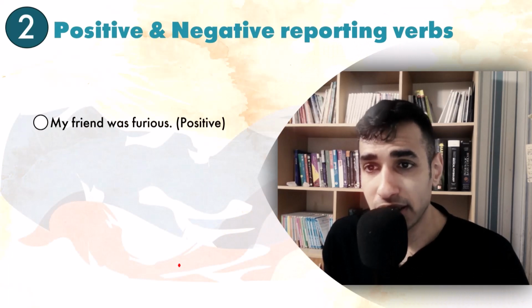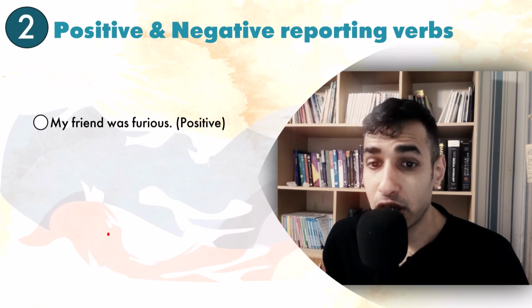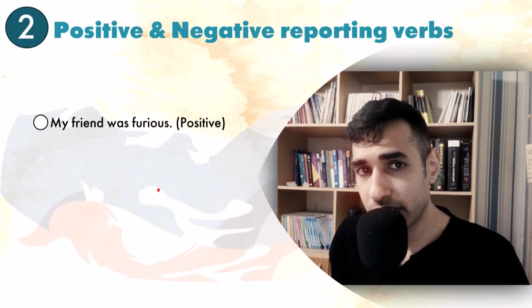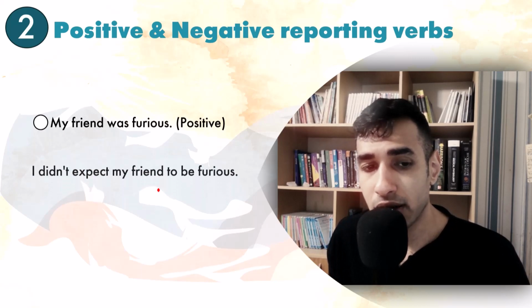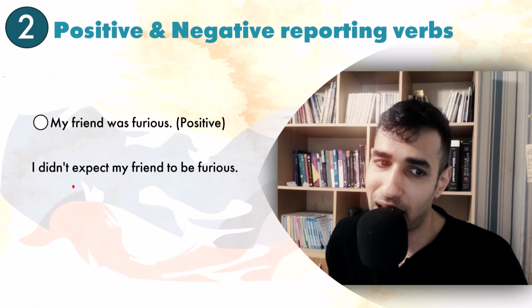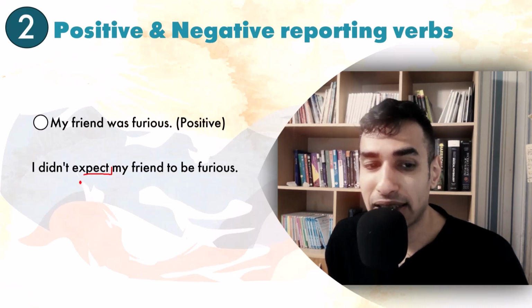Two. Positive and negative reporting verbs. My friend was furious, which means very angry. The statement is positive. I want to report it with the verb, for example, expect. Expect is a reporting verb. He didn't expect. I am using a negative reporting verb.